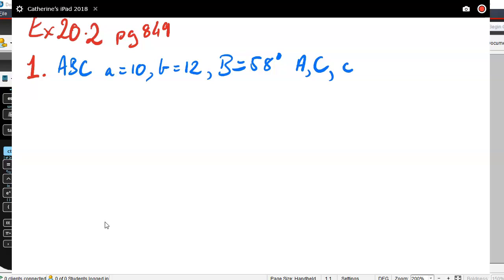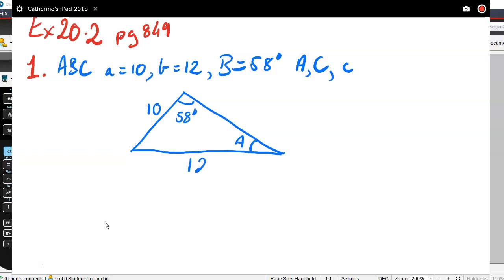Okay, so first off, let's draw this triangle. Remember, it's a non-right angle triangle, so we're not sure what it is. So I'll put 10 there. So that's A. Put that as 58 degrees. That's 12. So that's angle C, side c.